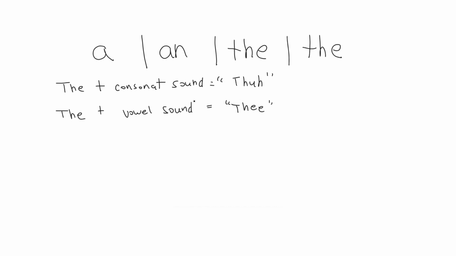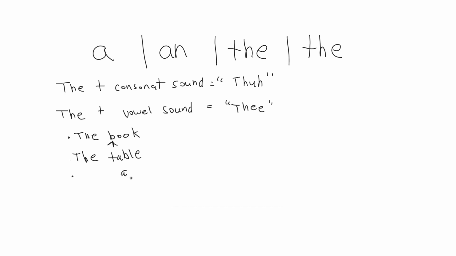Now, here are some examples. Book. Are we using the or the? So this is a consonant, so we will use the. Here's another example. Table. Is it the table or the table? It's the table.